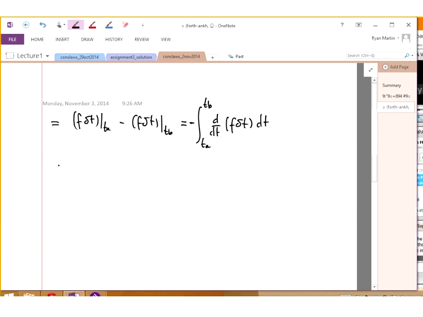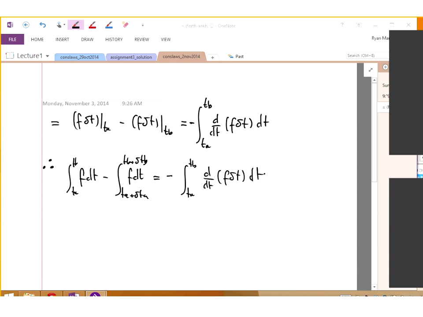All right. And so ultimately, the whole point of this was to find this identity: the integral from TA to TB of f dt minus the integral from TA plus delta TA to TB plus delta TB of f dt is equal to minus the integral from TA to TB of d by dt of f delta t dt.